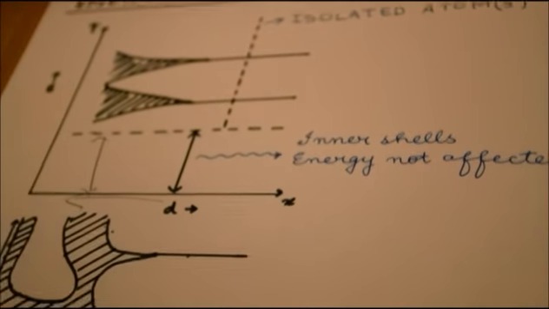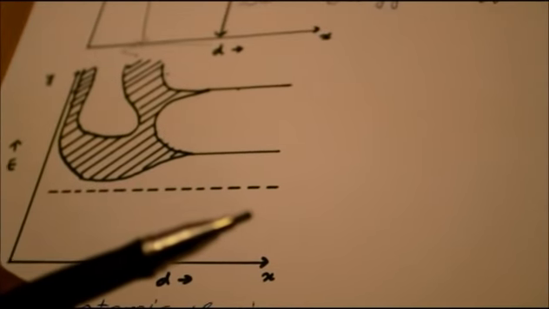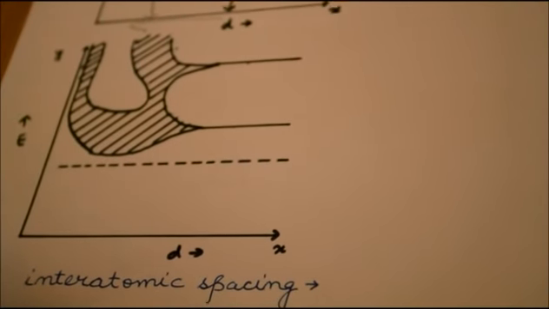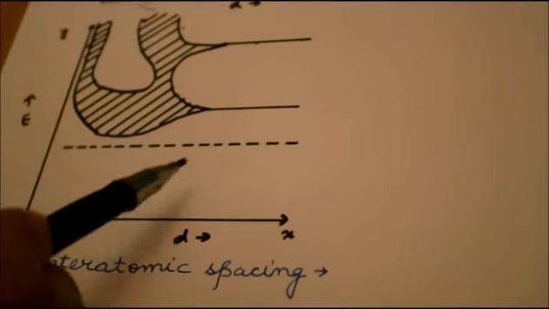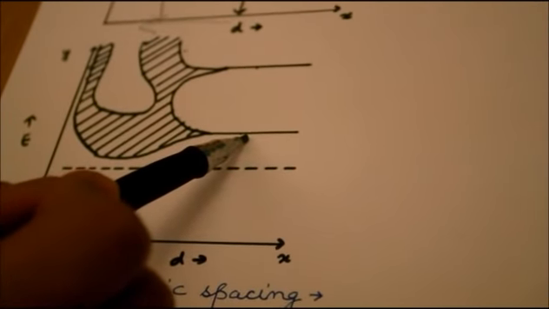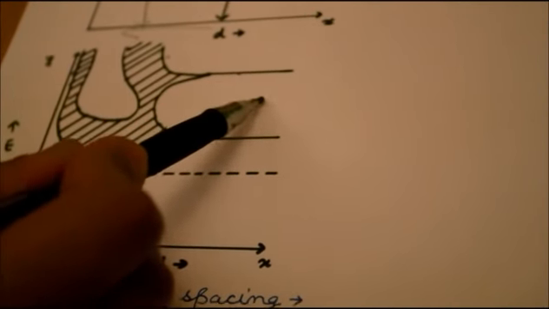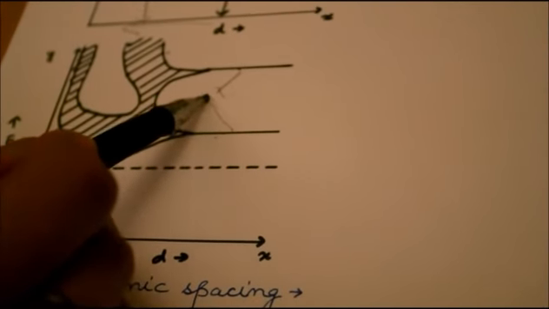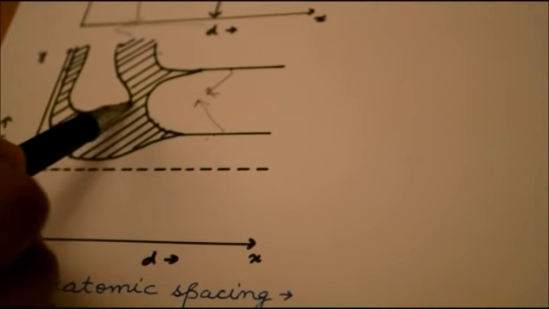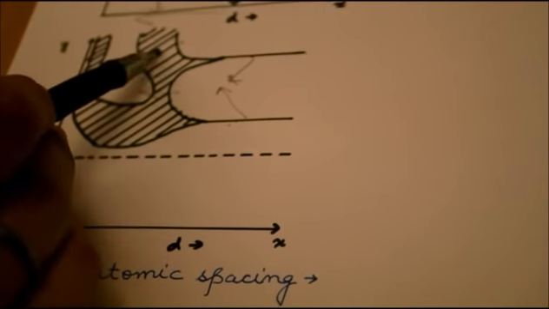Then we come to the second diagram. Here we are decreasing the interatomic spacing between the atoms and drawing another diagram. This was the position where those two atoms were quite far away from each other, and when they were brought nearer to each other, this diagram takes shape, and this shows that bands are being formed.